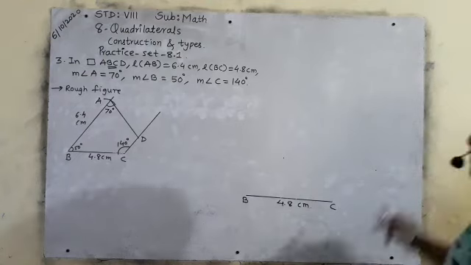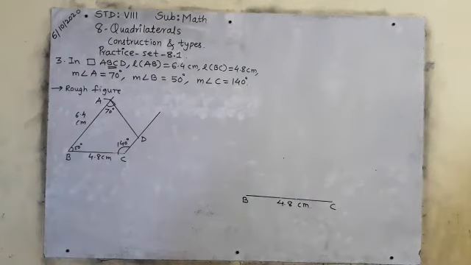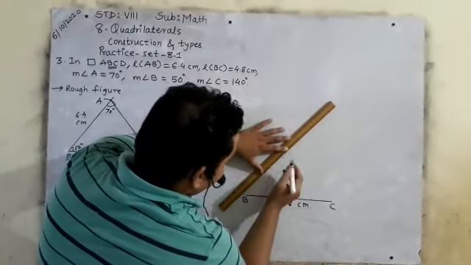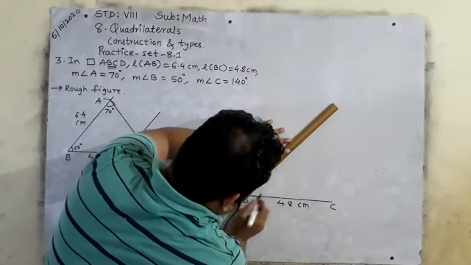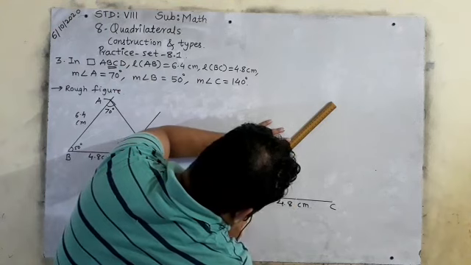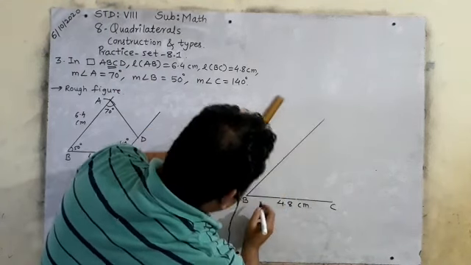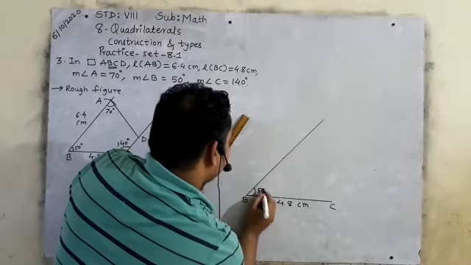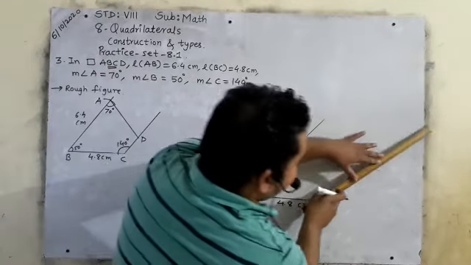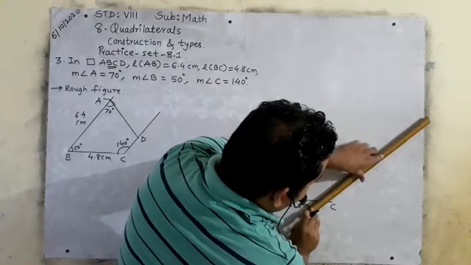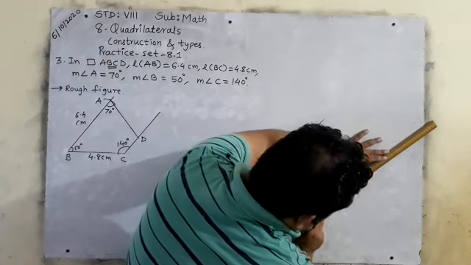So we will go like this. Is it clear? Now see, I will join these points. B is 50 degree from here. This B is of 50 degree, and C is how much degree? 140. Okay, it is 140 degree.